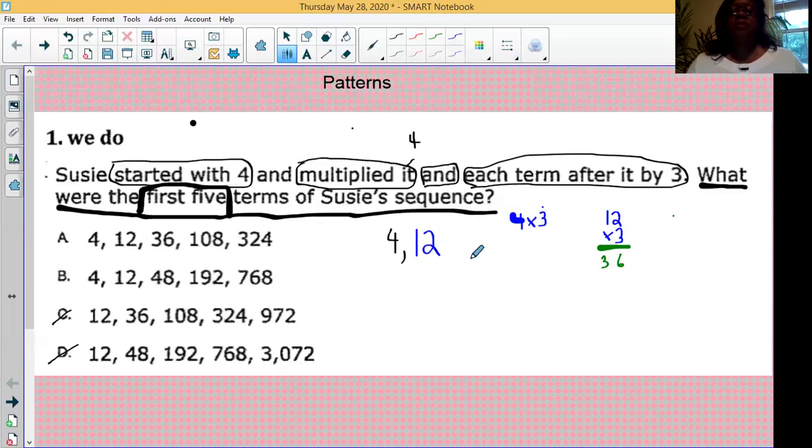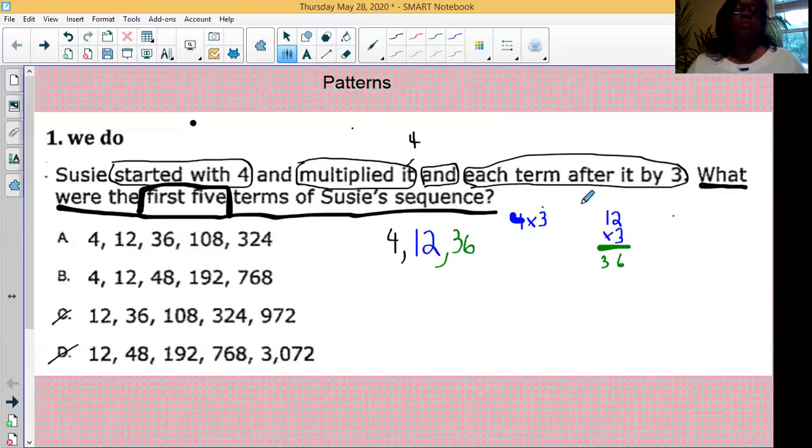Okay, so the third number in the sequence is 36. So again, the first number, she started with 4, multiplied the 4 by 3, and every number after it she multiplied by 3. So that's what we did. We took the 4, multiplied 4 by 3 and got 12. Then we took the 12 and multiplied it by 3 and got 36.